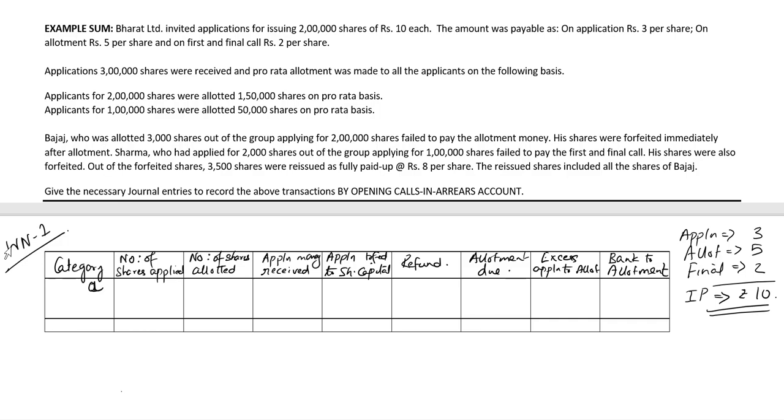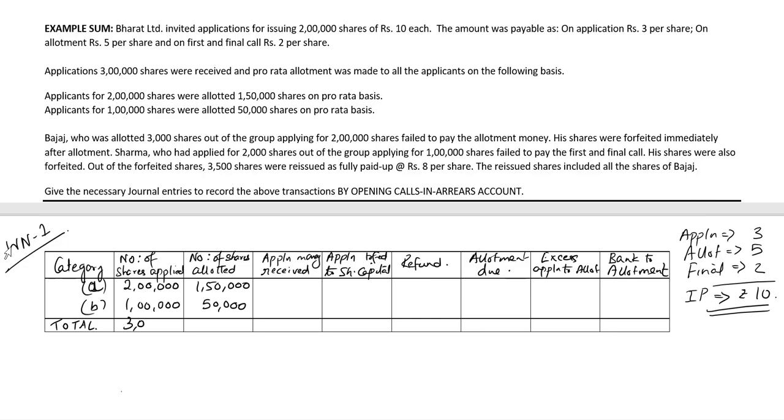The category A, against 2 lakh shares applied, number of shares allotted is 1,50,000 shares. And against category B, for 1 lakh shares applied, number of shares allotted is 50,000 shares. Let's check out the total.